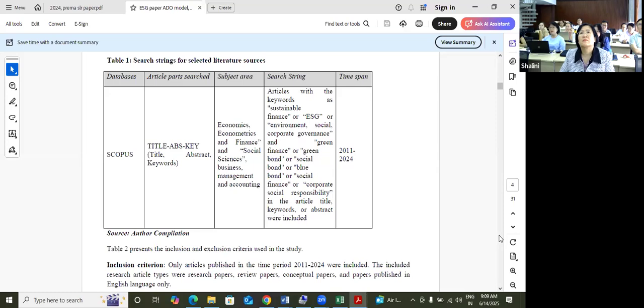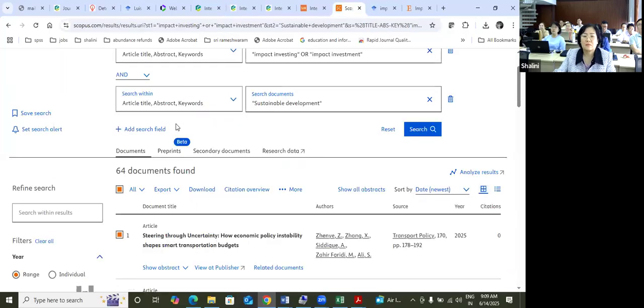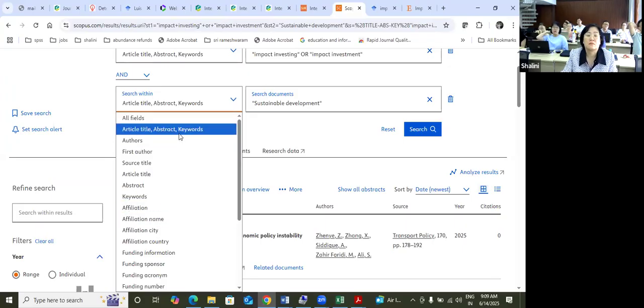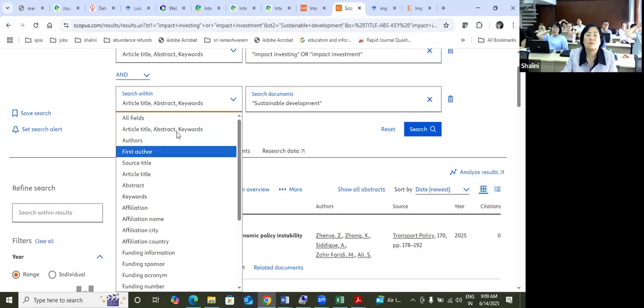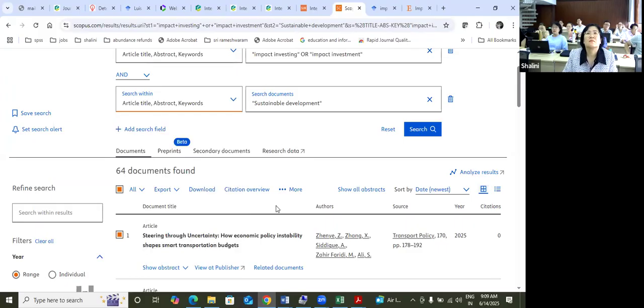That is Scopus. What am I trying to say over here? In which fields of the search have I looked? You can see from here, this is article title, abstract and keywords. There are different options over here when you look into the Scopus database, but we will go for article title, abstract, and keywords.